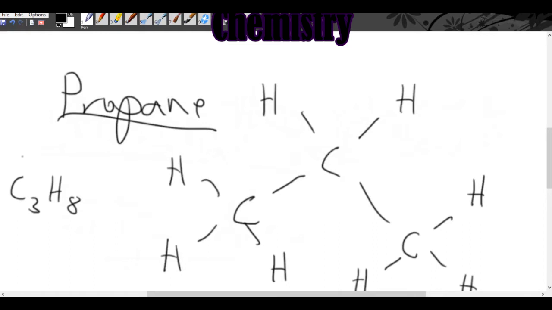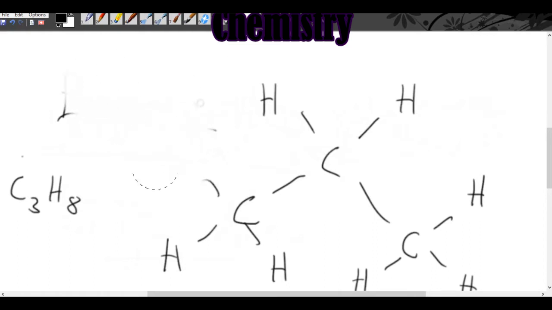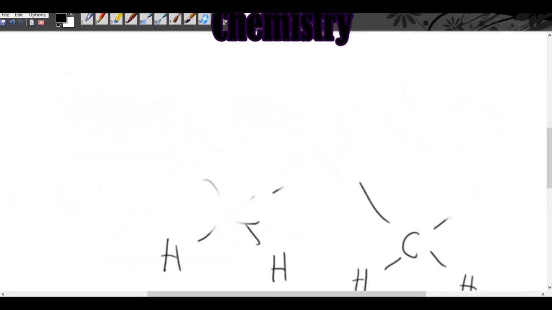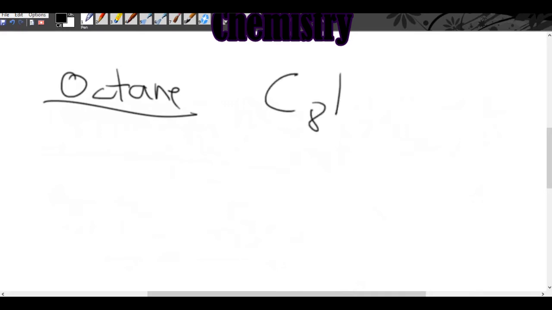Now, some other ones, which most of you are using in your cars, only if you have the regular cars, not the hybrid or electric ones, are called octane. It has 8 carbons and 18 hydrogens.